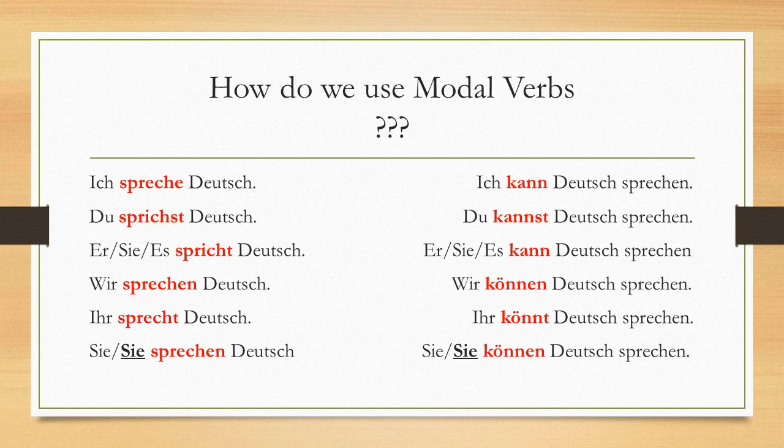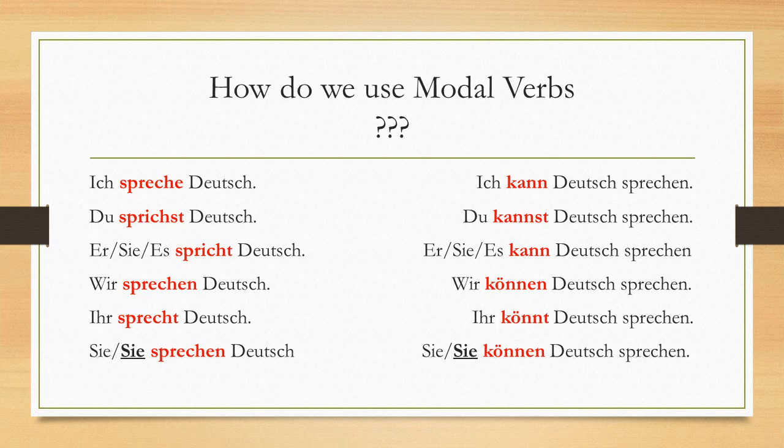Here, if we have two verbs in one sentence, the main verb will be located at the end of the sentence, and the modal verb will take the role of main verb and change according to the subject of our sentence. In the first example, you see ich kann. The full form is können.